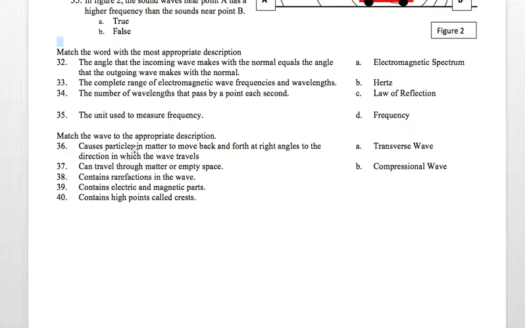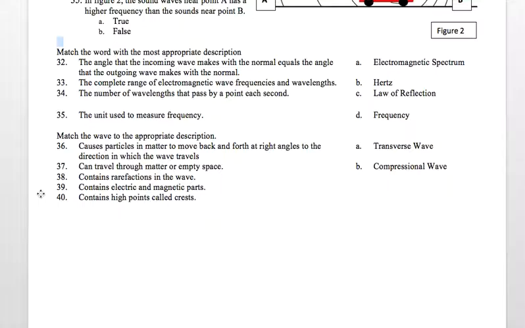36. A, transverse wave, or B, compressional wave, causes particles in matter to move back and forth at right angles to the direction in which the wave travels. 37. Transverse or compressional, can travel through matter or empty space. 38.